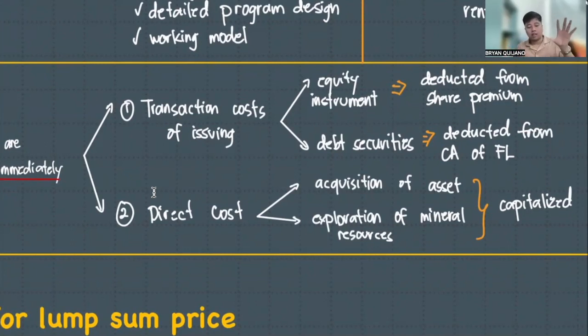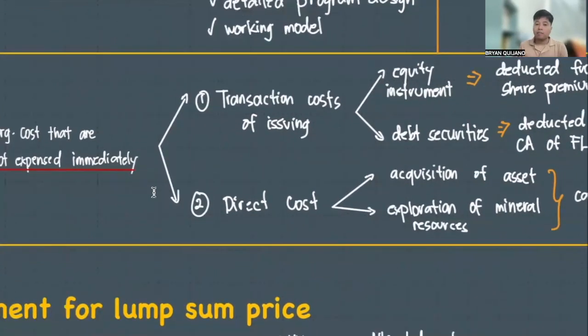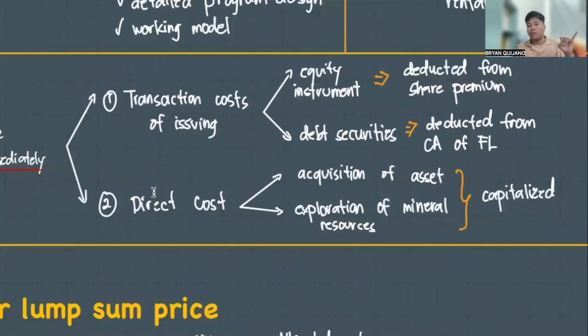But if the transaction cost is from issuing debt securities, then you will deduct the transaction cost from the carrying amount of the financial liability. Then the second possible scenario is that the organizational cost is to be treated as a direct cost. If it's directly related to the acquisition of the asset, or directly related to the exploration of mineral resources, then it should be capitalized.